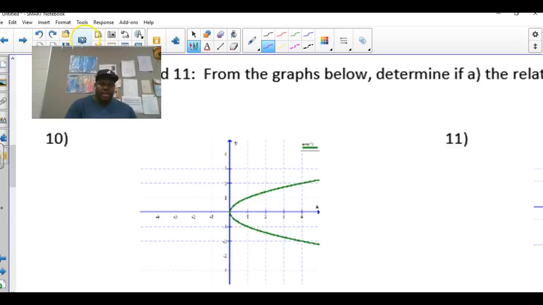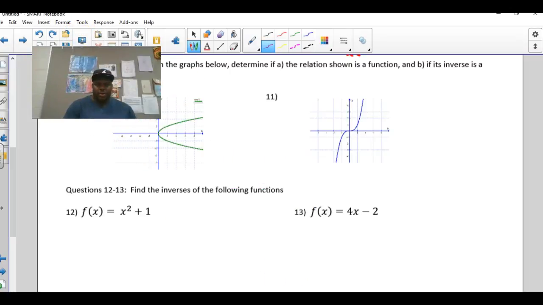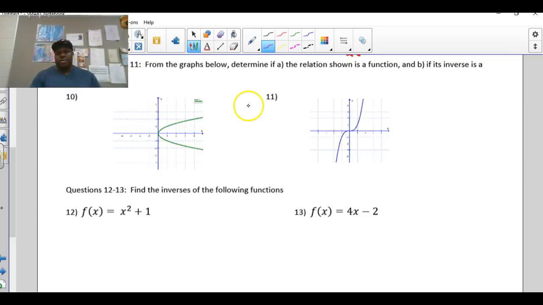Number 10, guys, this problem says from the graphs below, determine part A, if the relation shown is a function, and part B, if the inverse is a function. Remember, for part A, if you want to know if it's a function, you use the vertical line test.